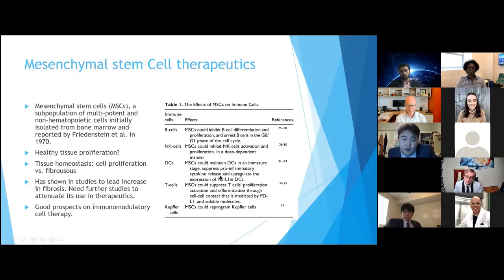The problem is understanding cell proliferation to make up the mass compared to fibrosis, which will attenuate the function of the liver. It's kind of like scar tissue. Having too much scar tissue in that region will cause a fibrosis type of disease in the liver. You have to have a certain tissue homeostasis in order to balance that.